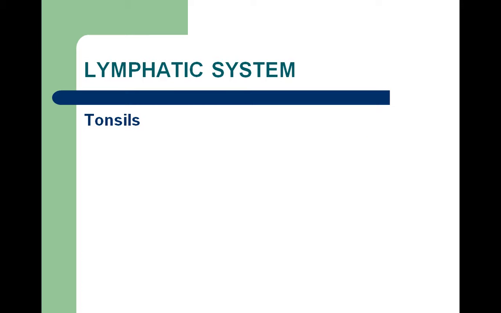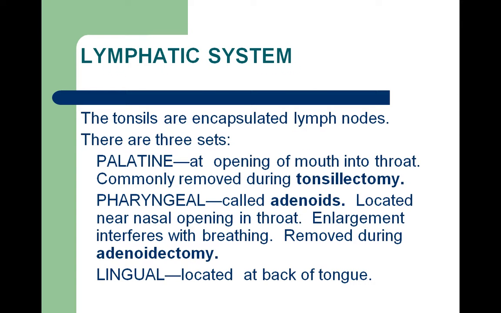Again, some of the lymph organs are the tonsils. There are 3 types of tonsils, and I'll just leave you to read these. Remember that we used to excise the tonsils and adenoids whenever a child complained of swelling. Now we know that that's a major function of the lymphatic organ.